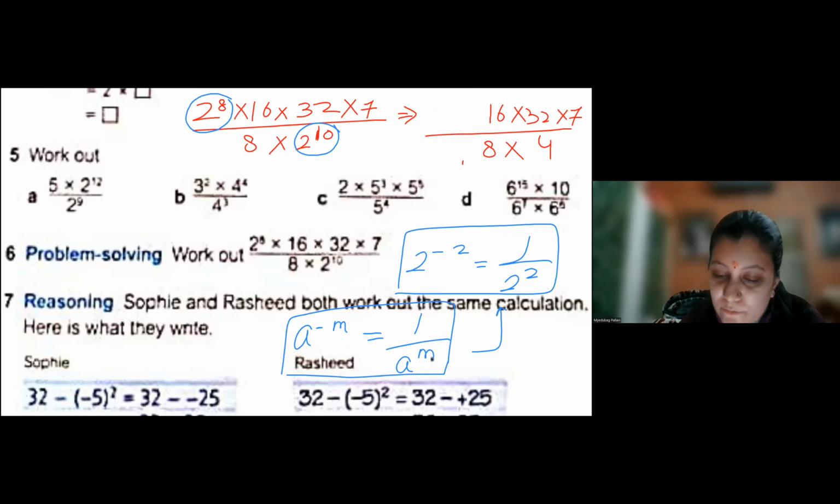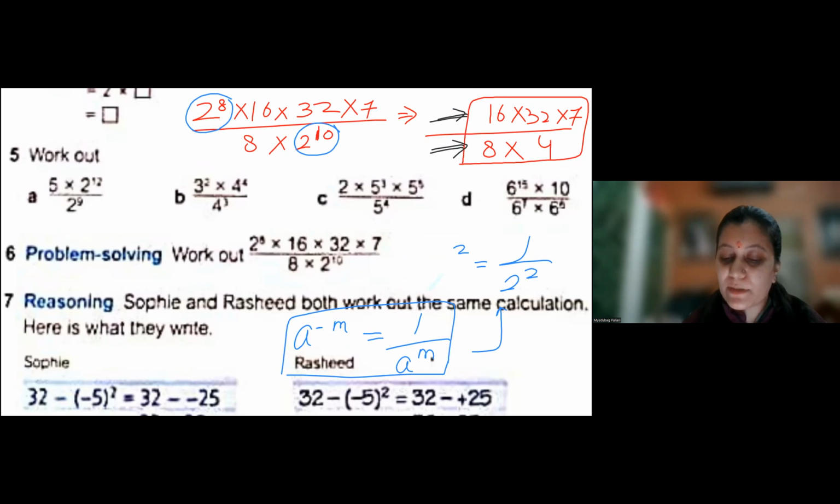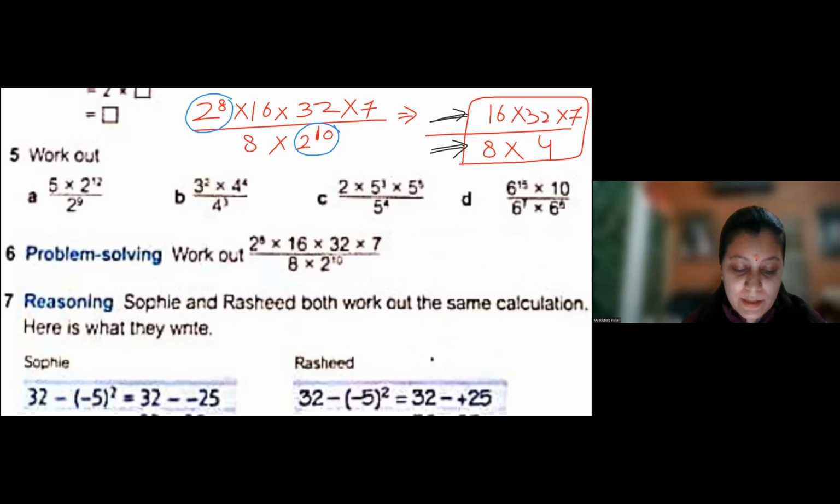And now, when we have these numbers, we can simplify them, right? How we'll simplify them? Rather than finding the product of the numerator first and then dividing it with the denominator, it's easier to simplify it. We have learned fractions and how to simplify fractions, isn't it? If we have a fraction, we can simplify it by cutting the common factors that we have.